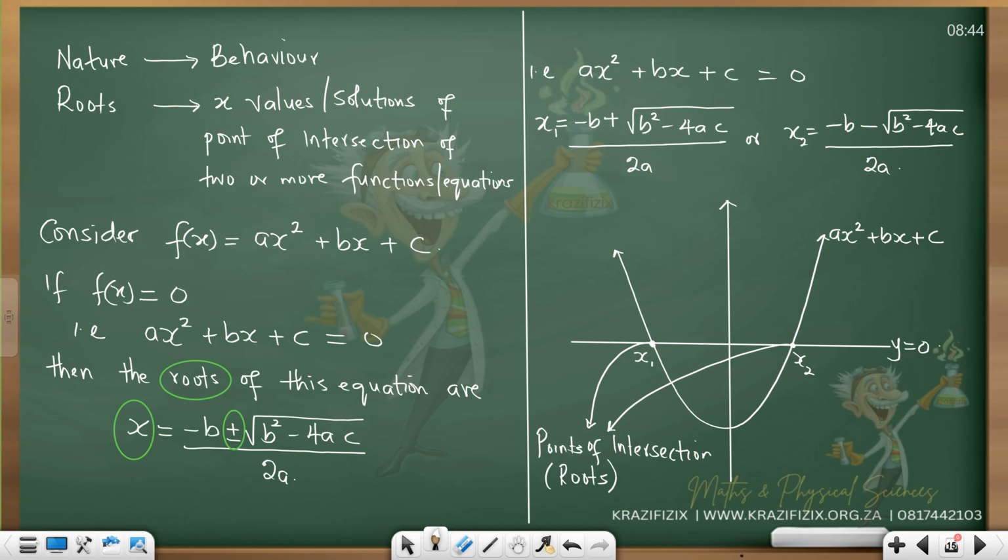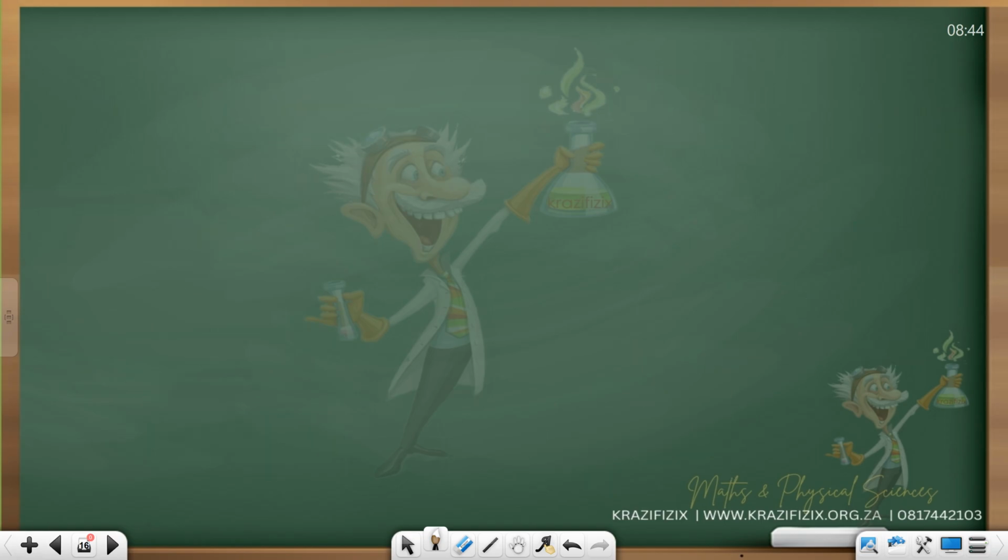Now, what are the types of roots that we have? But before I go there, what determines the type of root?